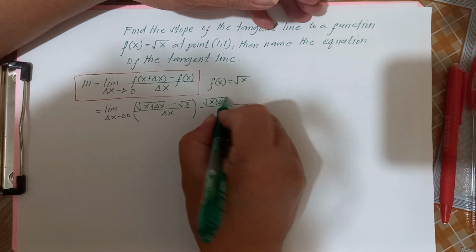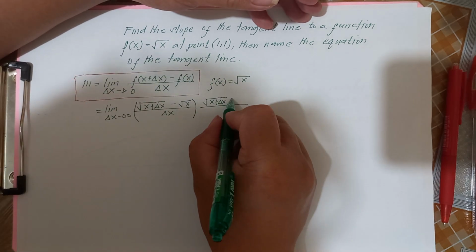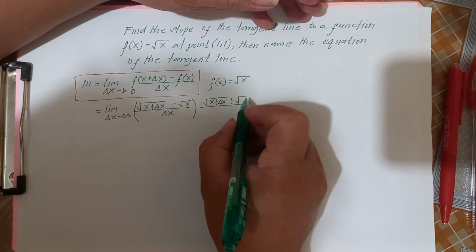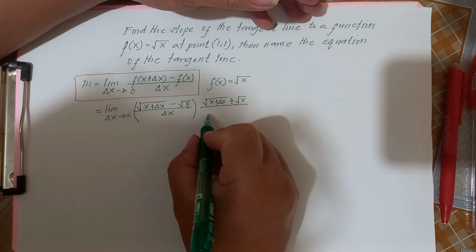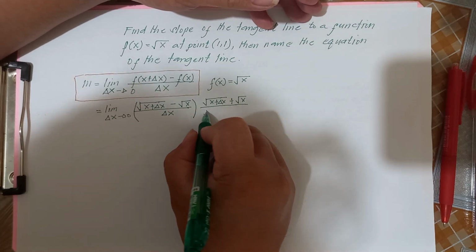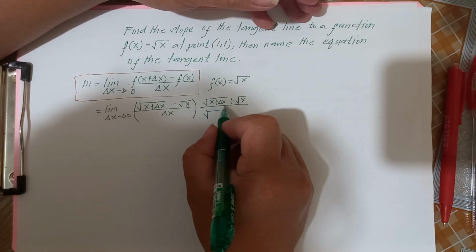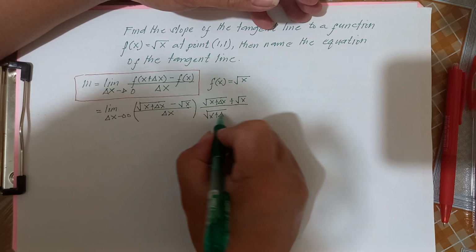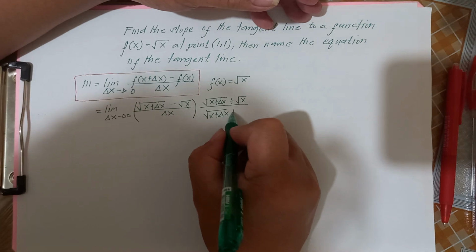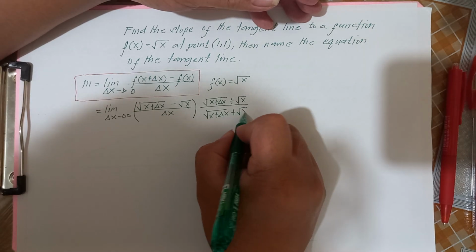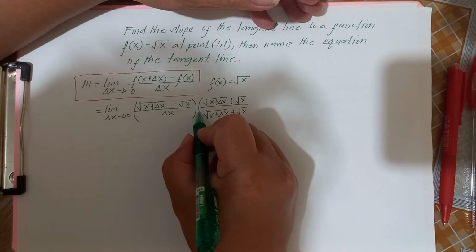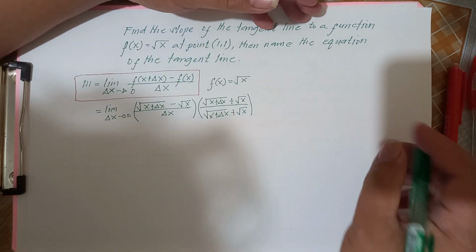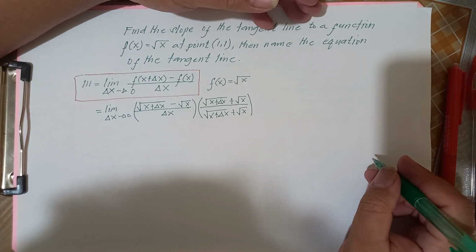If that is subtraction, then this must be addition. So the conjugate of this one must be positive. Of course, we have said that our multiplier is 1, so that is over the square root of x plus change of x plus the square root of x. So notice that what we are doing in here is actually rationalizing the limit.